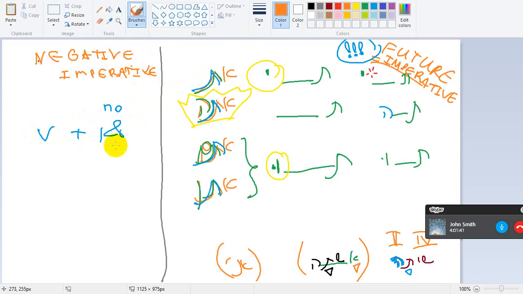The thing is that the letters of the word no switched places. So instead of lo, we say al. Just for negative imperative, instead of no, we say al. Okay, al. So lishtot was our anchor verb.